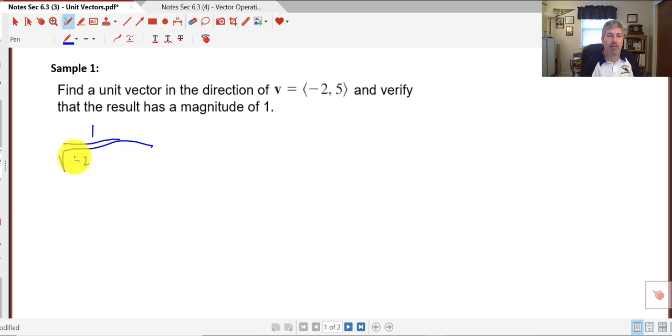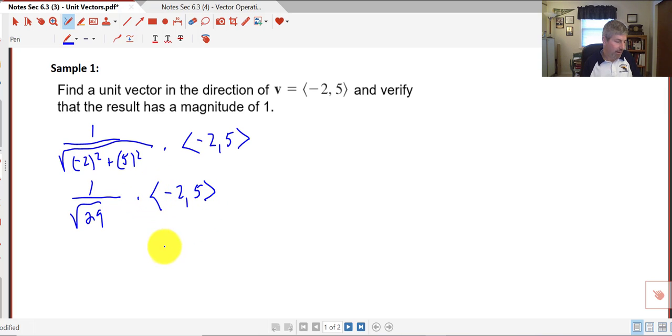We have -2 squared plus 5 squared in our denominator, times our actual vector. So our scalar becomes 1 over the square root of 29, and then the scalar times our vector. So we get -2 over the square root of 29, 5 over the square root of 29 as our vector.